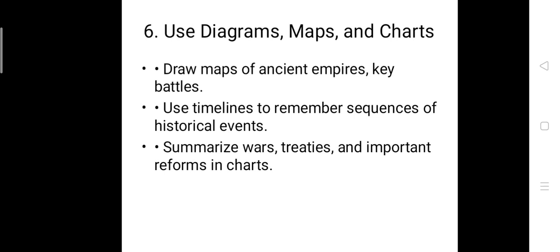Summarize wars, treaties, and important reforms in a chart. You can summarize the year, the events that happened, the consequences or gains, and the main leader, so it is easy to revise these things on a continuous basis.